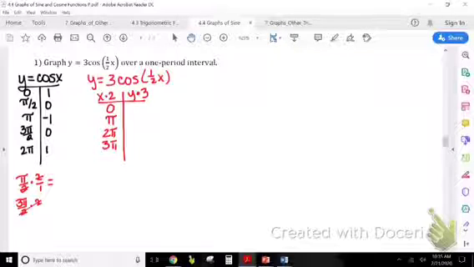What's our last one? 4 pi. Okay, so if you're going to use a pattern, my personal rule, even for myself, is I work out the first 3, and then I can use my pattern from there. The first one is going to give me my pattern. From 0 to pi, I'm increasing by pi, right? The third point I put on there tells me, yeah, you're right. Because if it increased by pi again, then I didn't make a mistake.